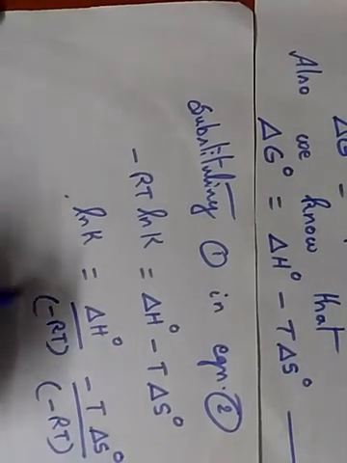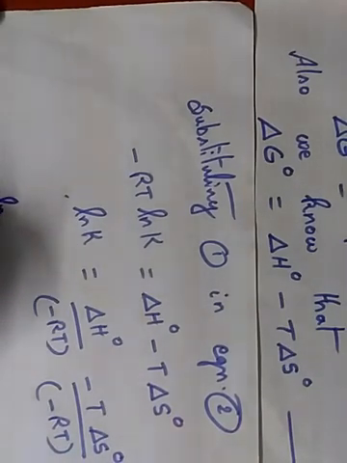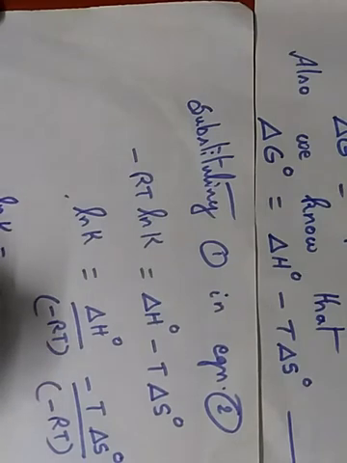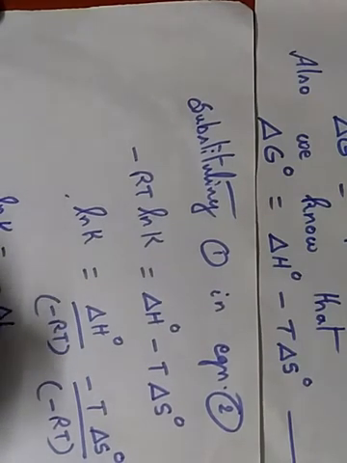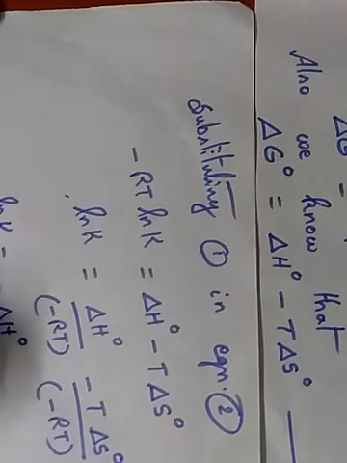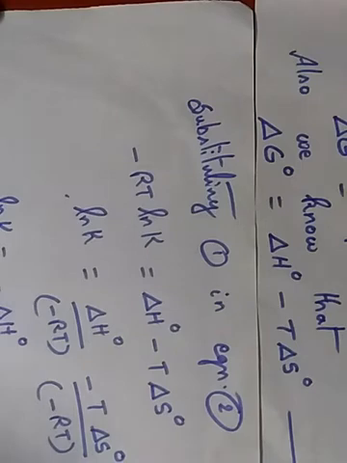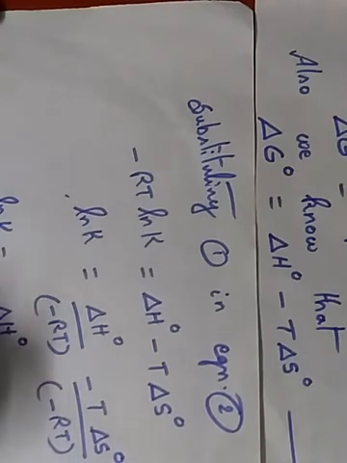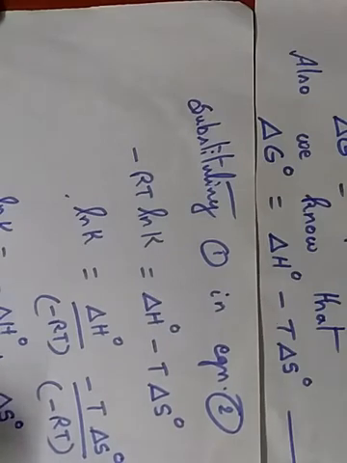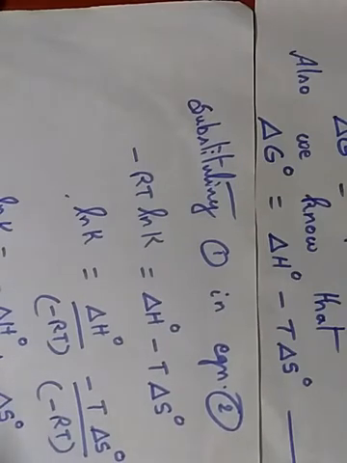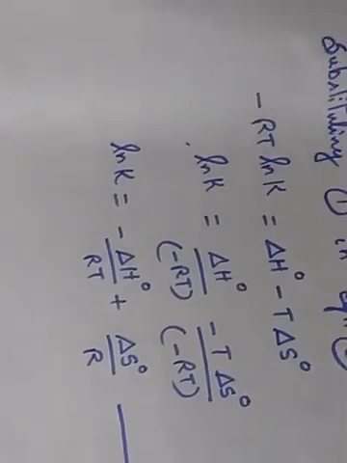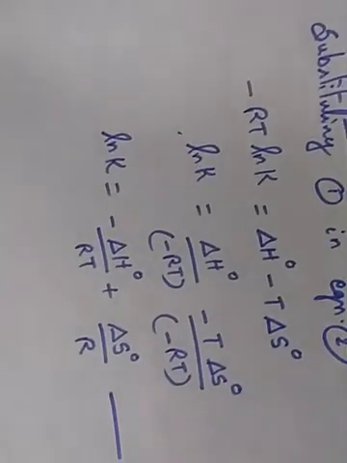So now we will get ln K is equal to minus del H naught by RT. Here this T and T get cancelled, minus gets cancelled. Therefore we have plus del S naught by R. This is equation number 3.